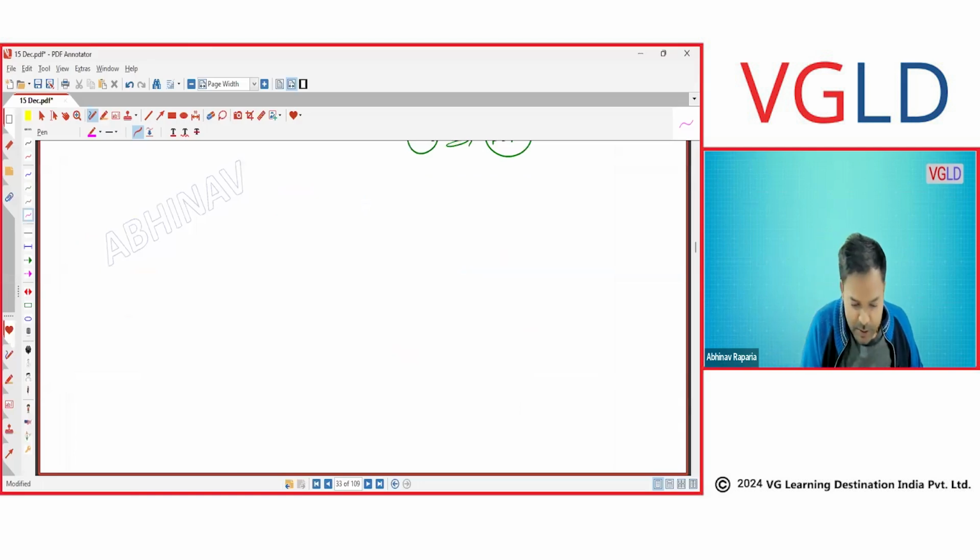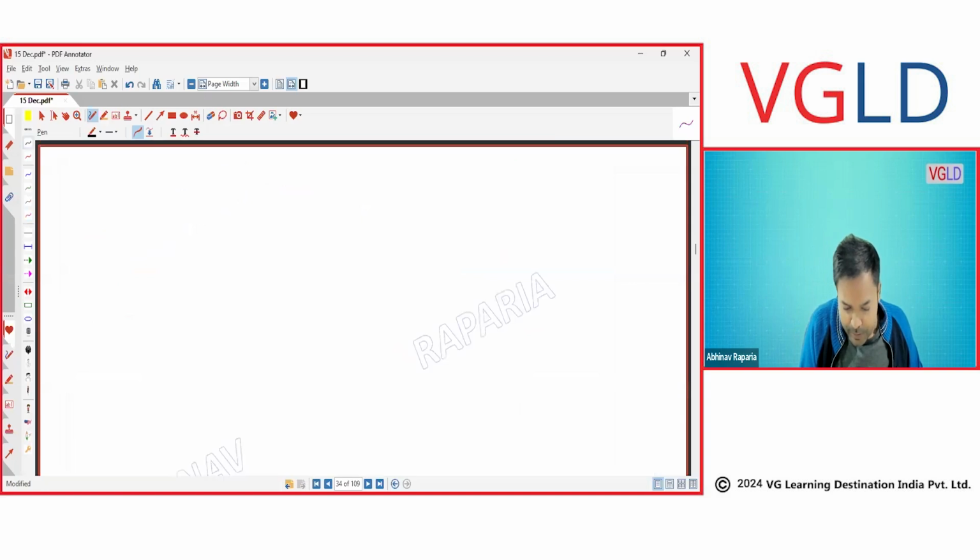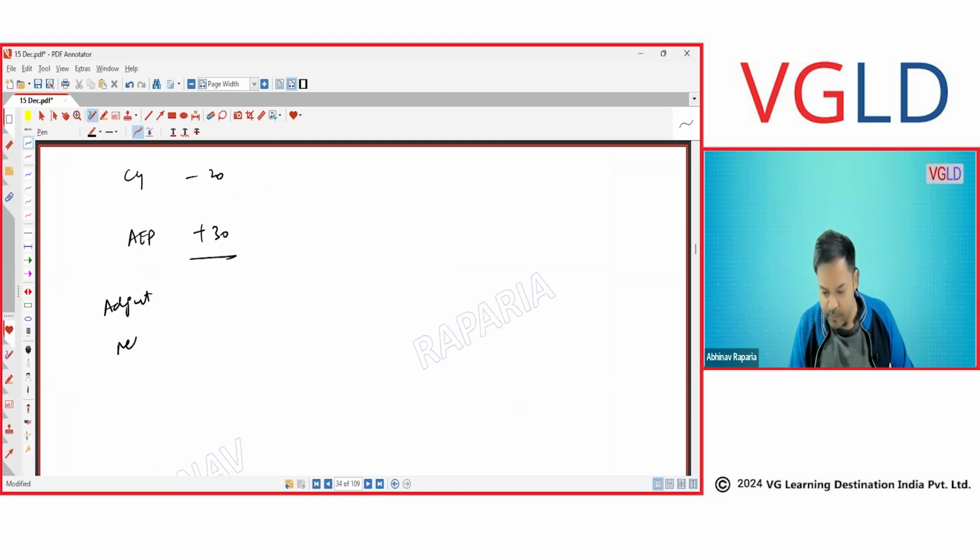Just keep telling me, would you adjust it or not? Okay. Current year, and here I'm writing accumulated. Minus 20 plus 30. Would you adjust? Would you net them off? Yes, you'll net them off. Plus 10 minus 20.